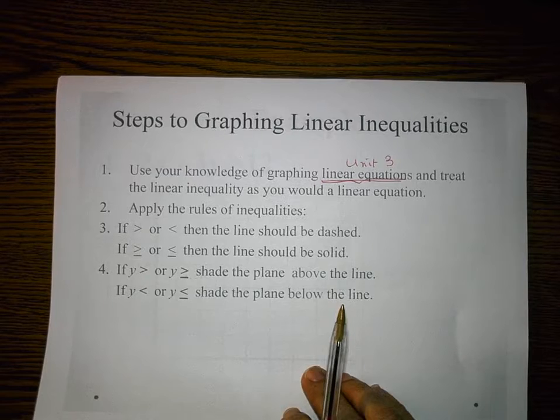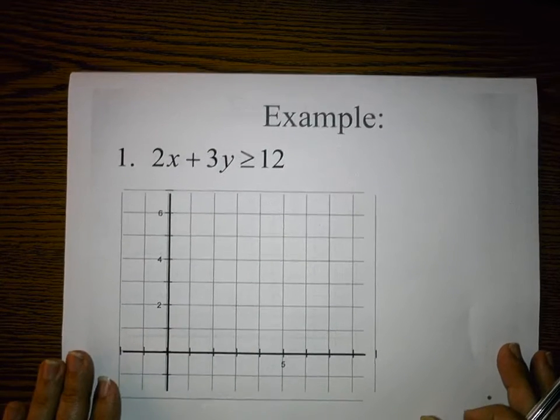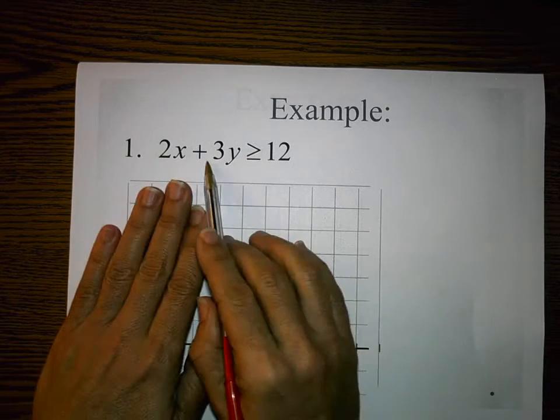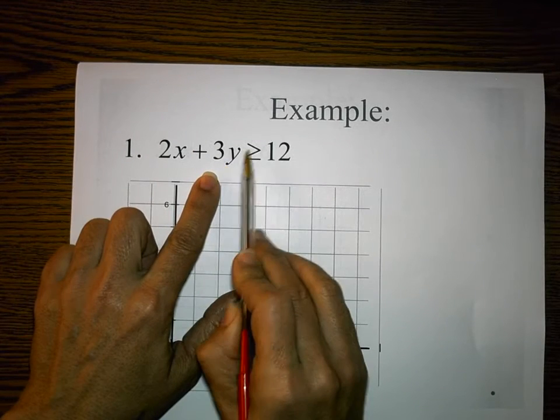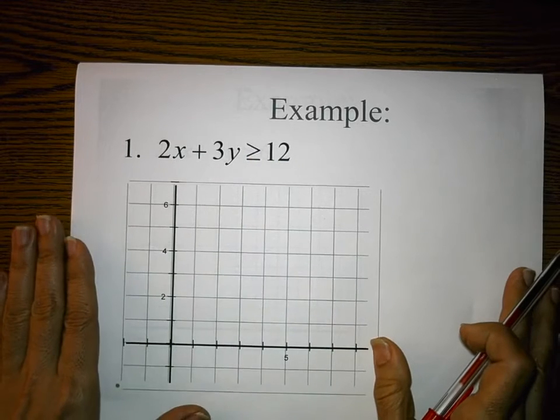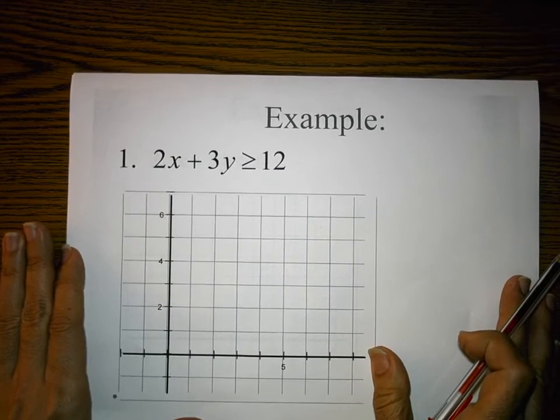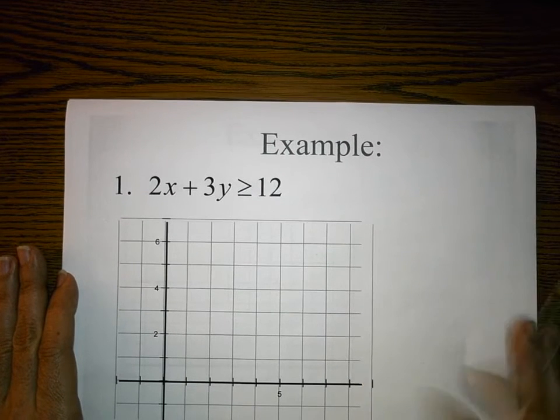So let's do a few examples. Take a look at this example right here, example 1. This is the line that's giving me 2x plus 3y is greater than or equal to 12. Okay, most of these problems, almost all of them if I'm not wrong, are going to be given to you in either of these 2 forms.